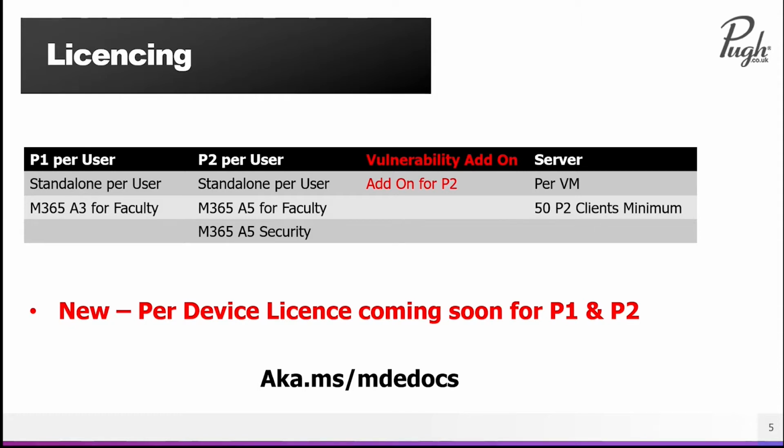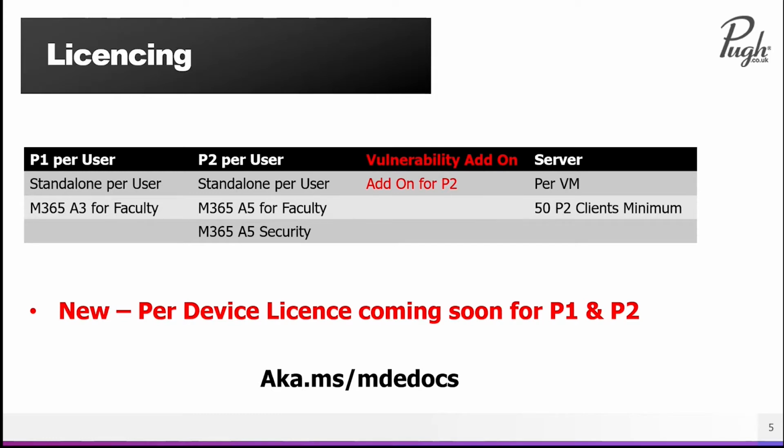However, it doesn't come with student use benefit like some of the other technologies within A3. So without student use benefit, your staff devices are covered, but your shared devices and your student devices are not covered. Okay, you can buy a student license.